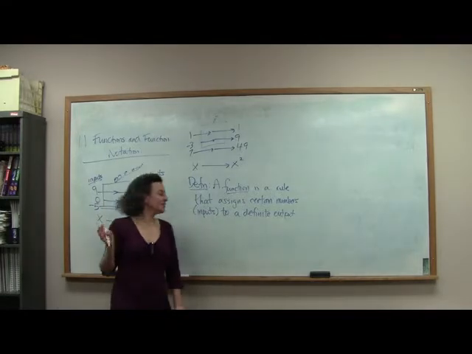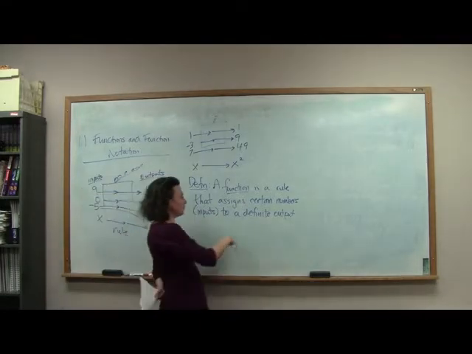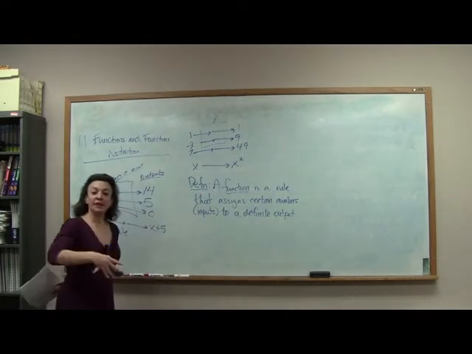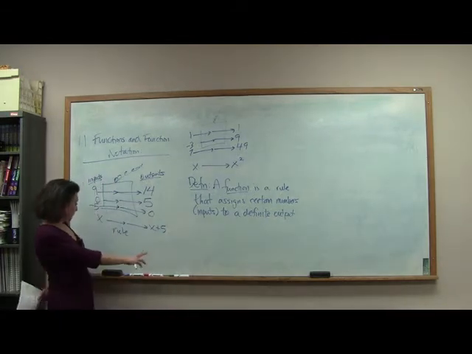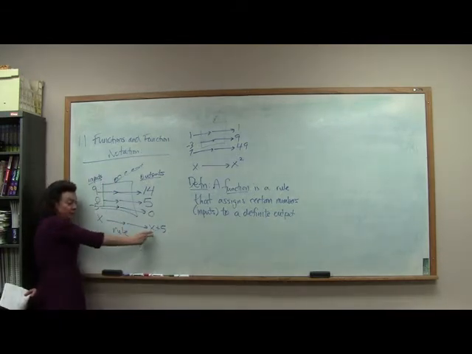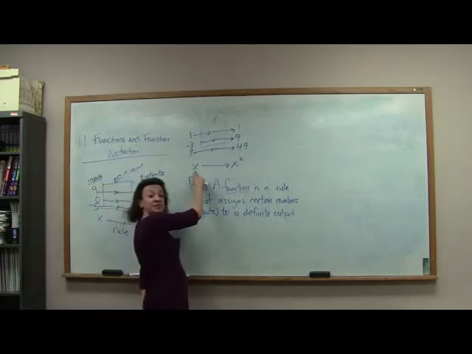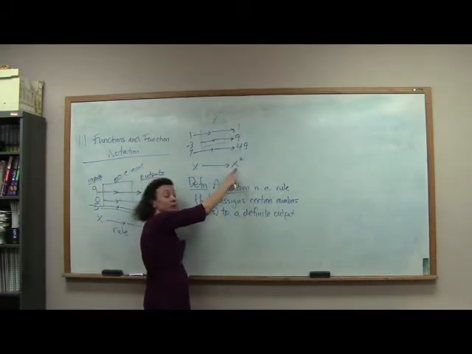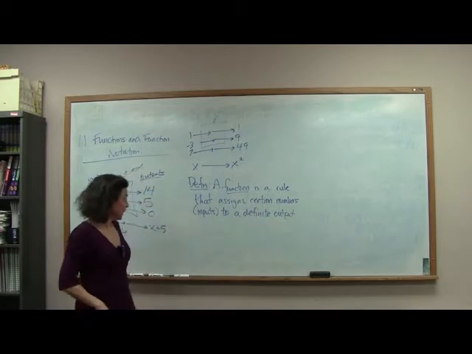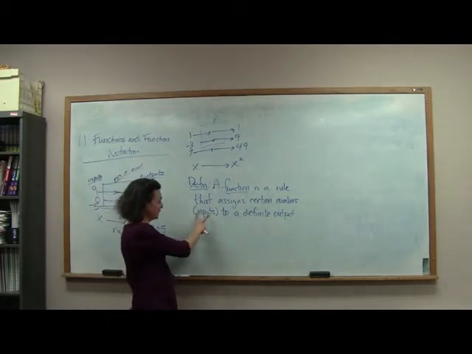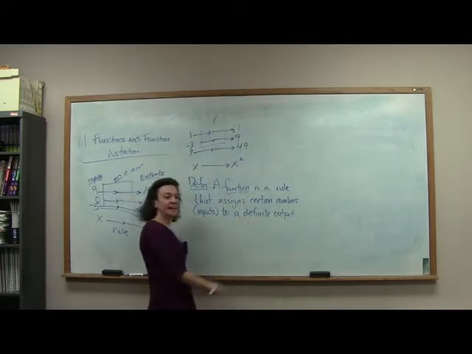So there's a couple words in there that are important. The rule, well, each function has its own rule. The rule for this function was take your number and add 5. The rule for this function was take your number and square it. And what it does is it assigns certain numbers, your inputs, to a definite output.